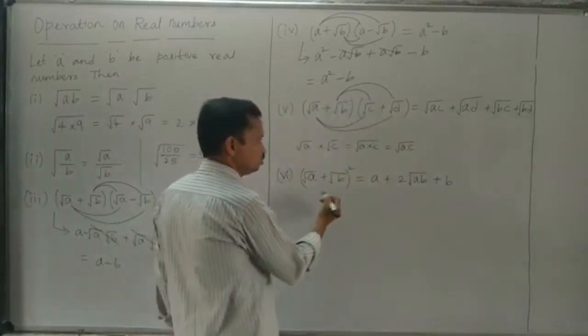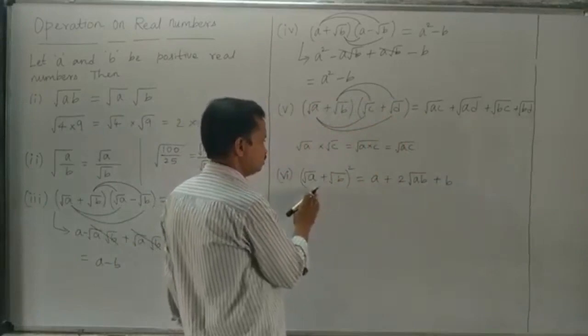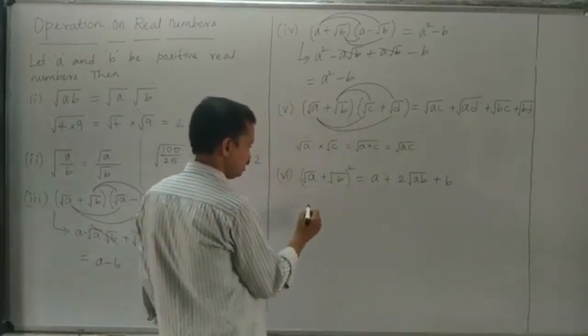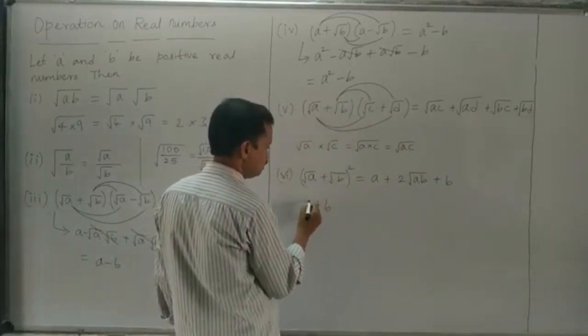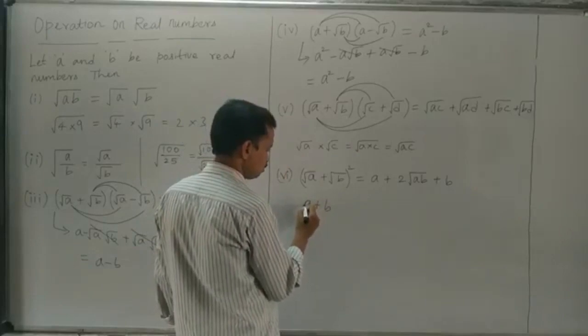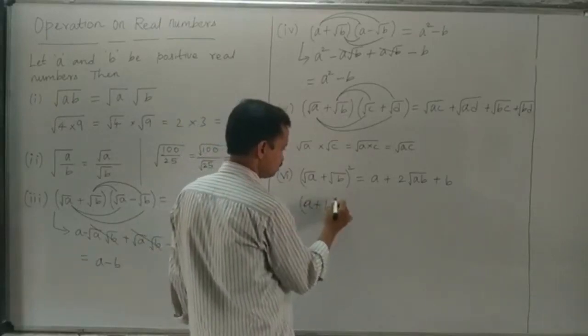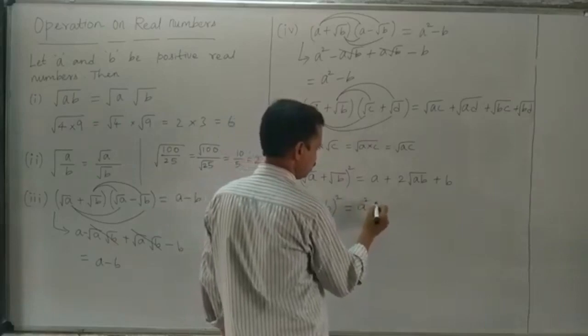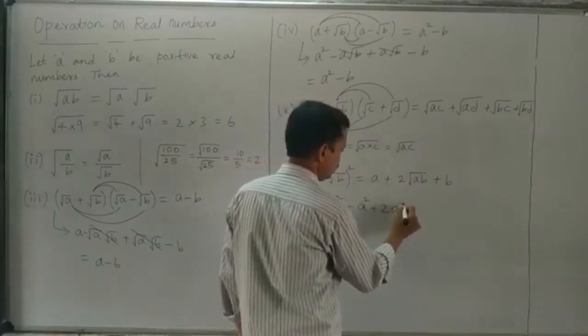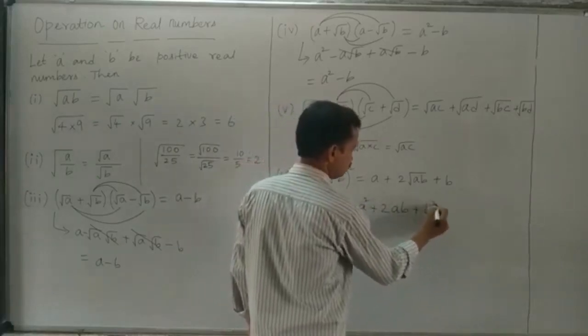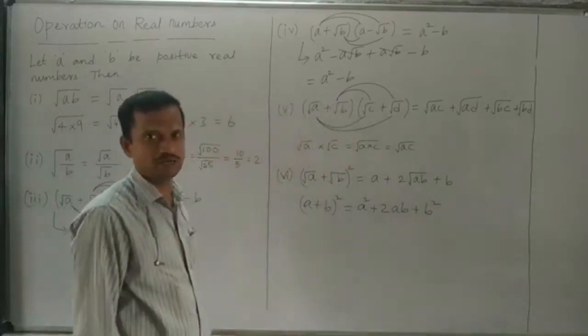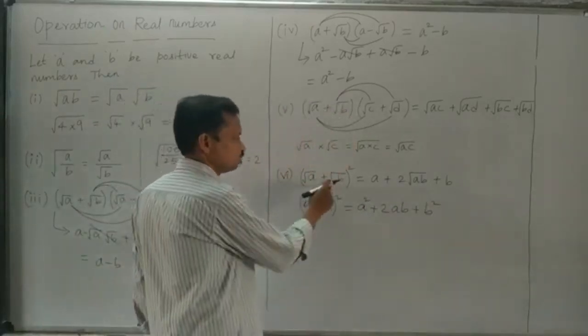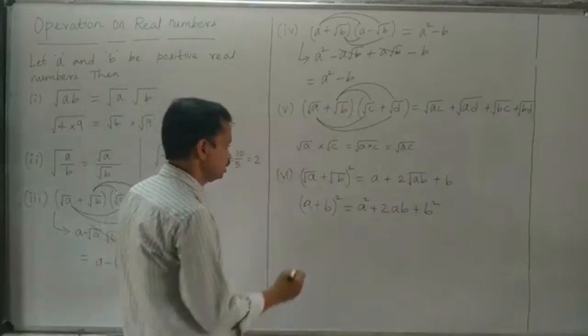And now coming to the last one, the same way. A plus B whole square, you know already. The algebraic identity: A plus B the whole square equals A square plus 2AB plus B square. So this is the algebraic identity, and you are applying it for root A, root B. What do you get?